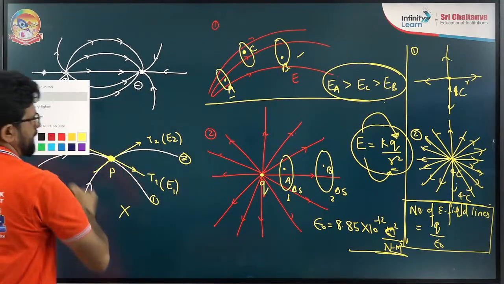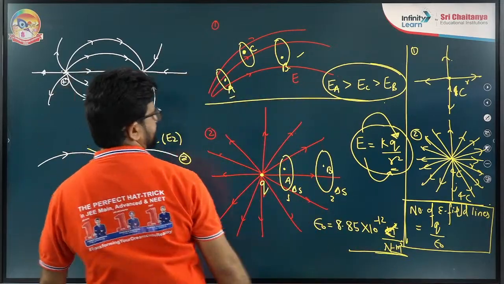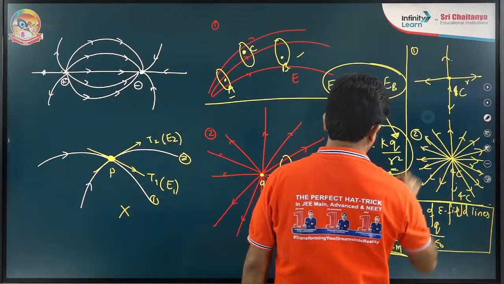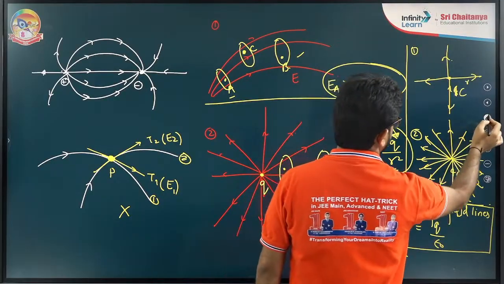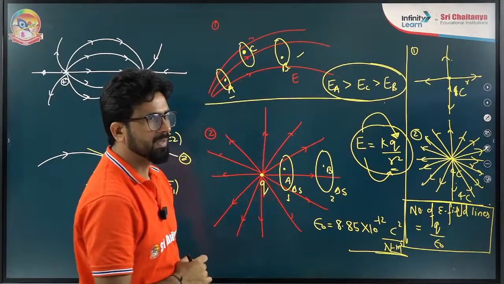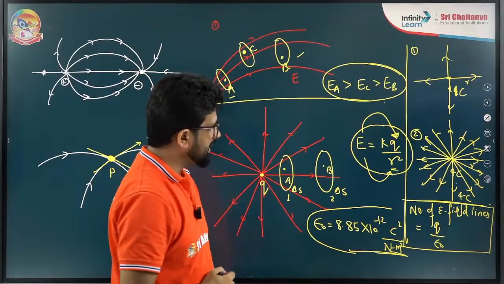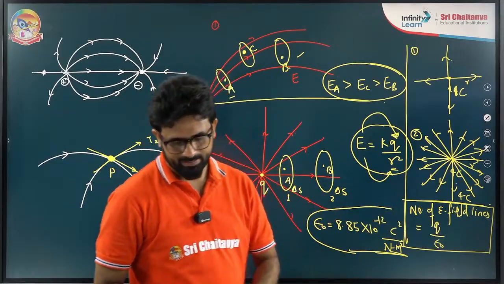I'm just writing it properly here. This is the epsilon value. The number of field lines produced would be what, beta? Q by epsilon. You can write it.